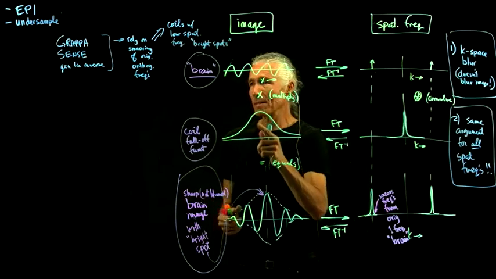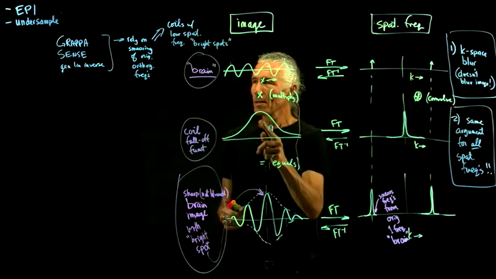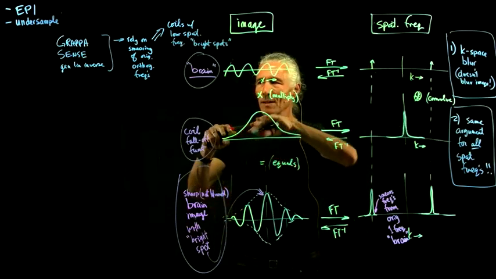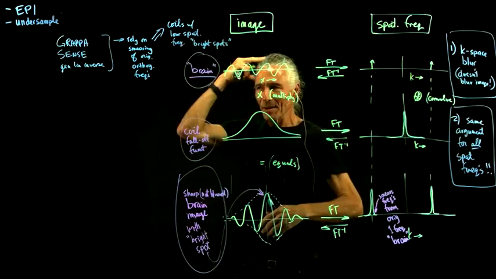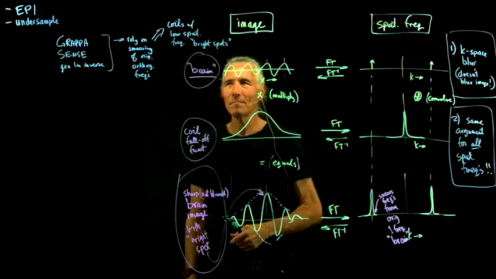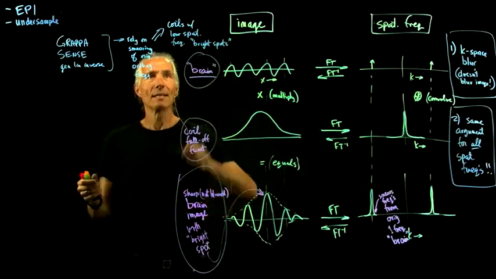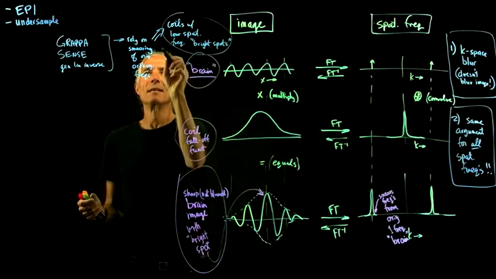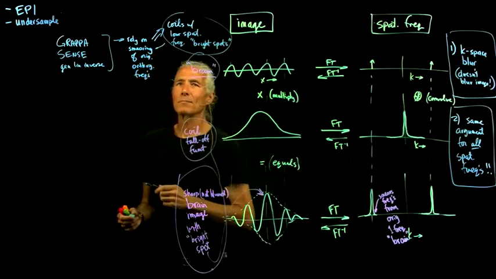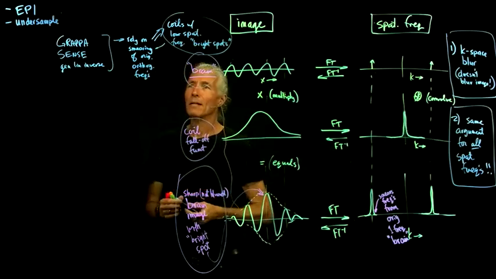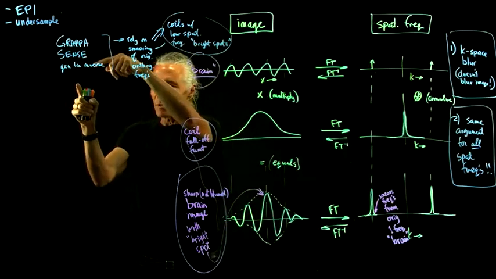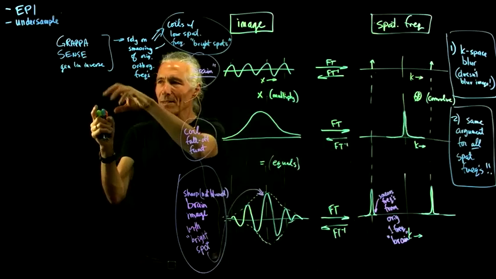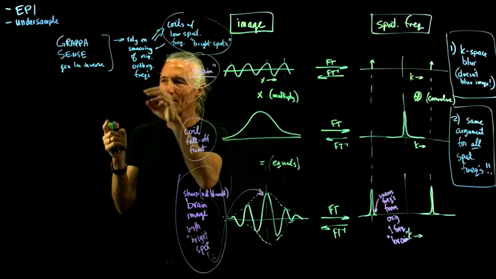In fact, it's not good if it's a really sharp bright spot. It's better if it's a very gentle bright spot, like a little more from here versus a little more from here. That's what's actually causing this smearing to happen. Because of that, we can do these reconstruction methods that rely on the fact that it's been smeared out to the surrounding guys, so there's some information in the surrounding guys.